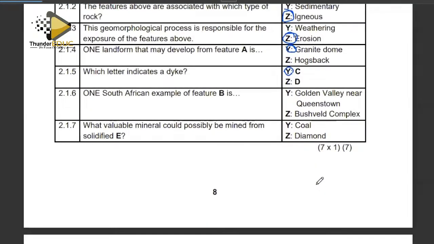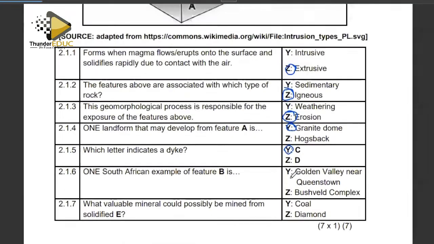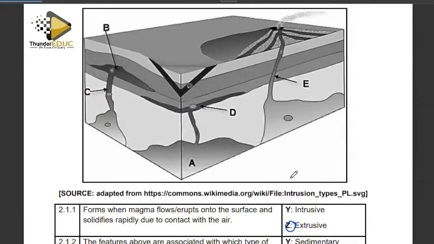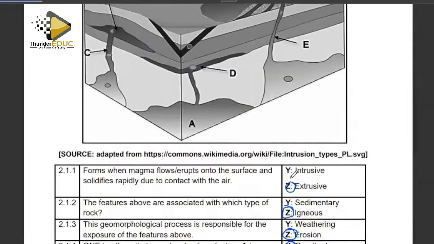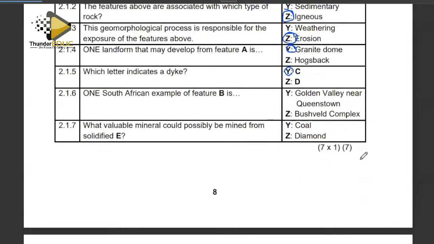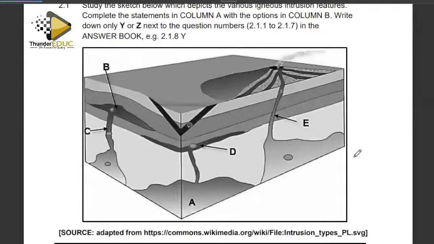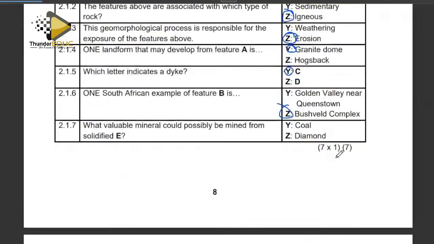One South African example of feature B, typical of the sill. We can relate that to the Bushveld complex. What valuable mineral could possibly be mined from solidified E? At E there, what can we actually mine? We cannot get coal there, we can get diamonds.